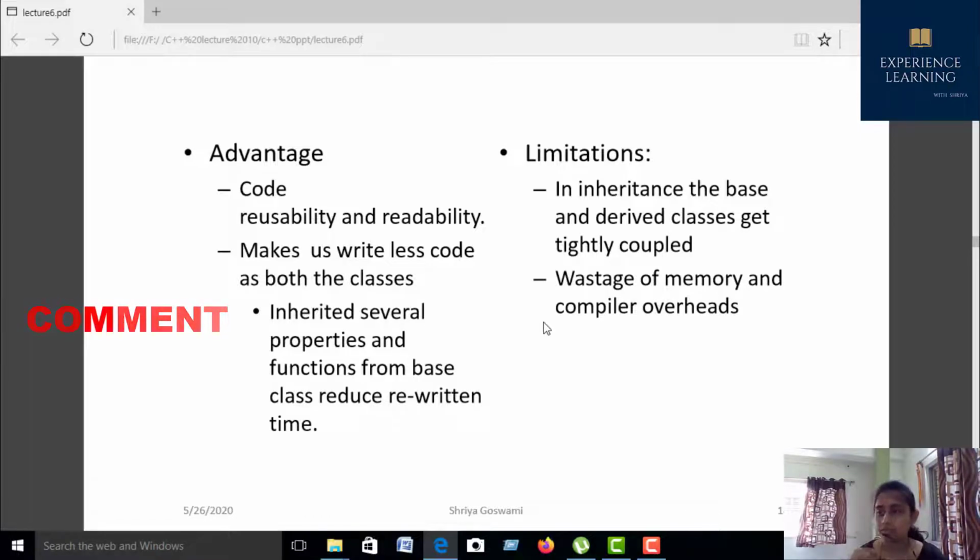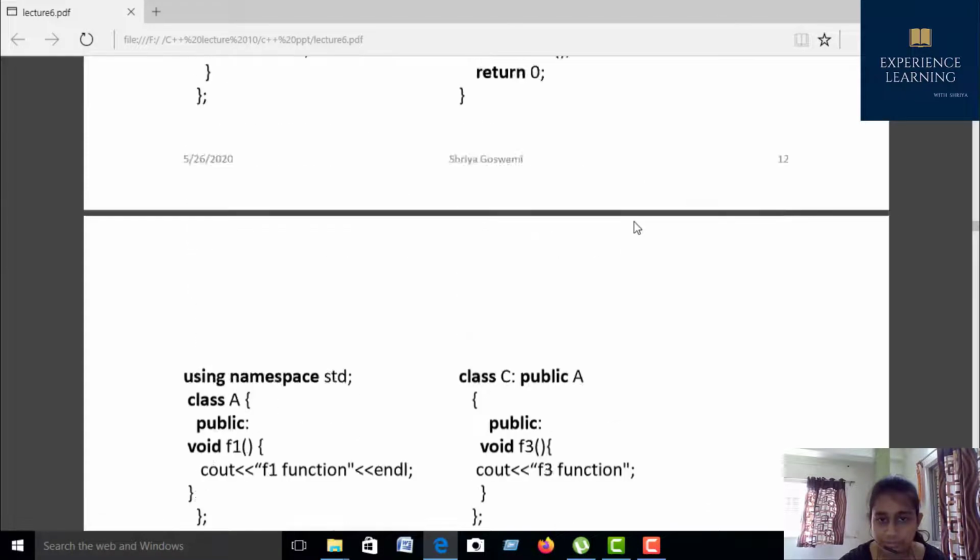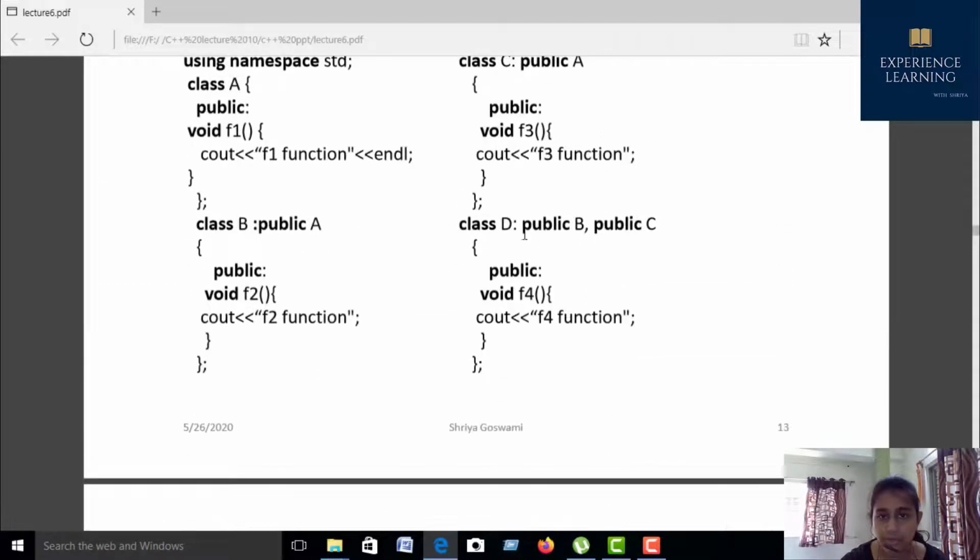Because whenever you are creating one object of a derived class, say for example if you are creating an object of class D, at that time you have to create the object of class B and class C, and class B is from class A and C is also from class A, so you have to invoke the constructors of A, B, C, and then D. So this is a compiler overhead.